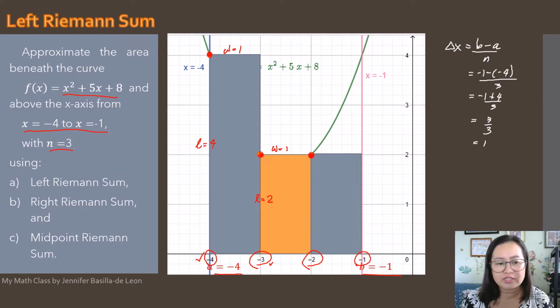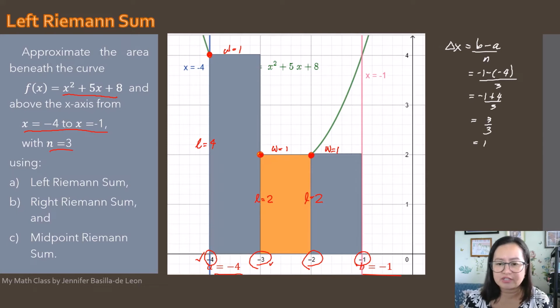So evaluating the given function f of x equals x squared plus 5x plus 8 at x equals -2, we will have length equals 2. The width of the rectangle is also equal to 1.